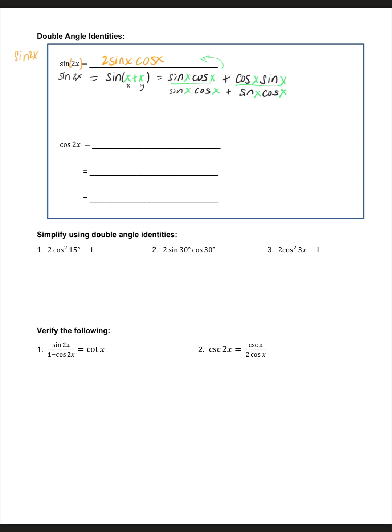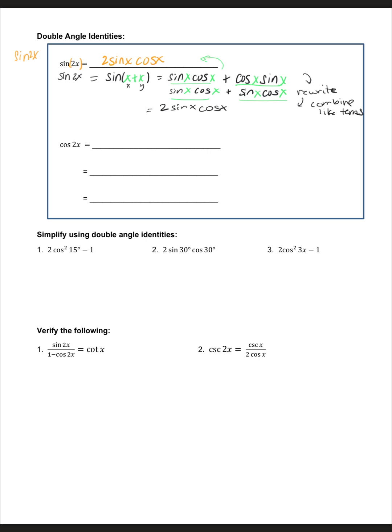And just like we were doing before in 8.3, we're trying to make sure we understand these. These are two terms that are exactly the same. So if this was 1x plus another x, I have 2 of them. So now I have 2 sine x cosine x. I combine like terms. So here I rewrite this, and here I'm combining like terms, what we always do in math. So now we've shown how we got that.